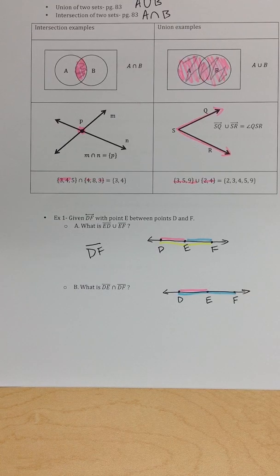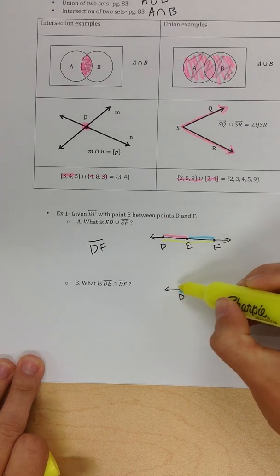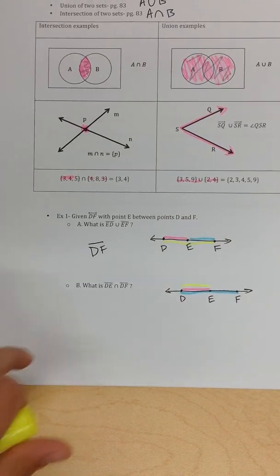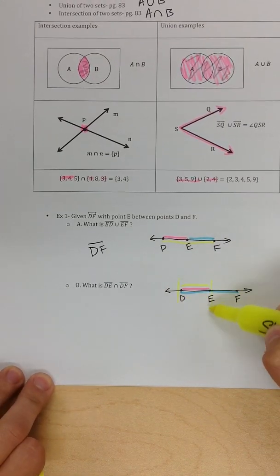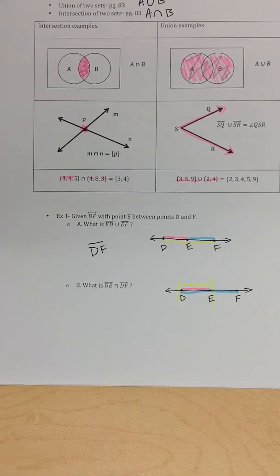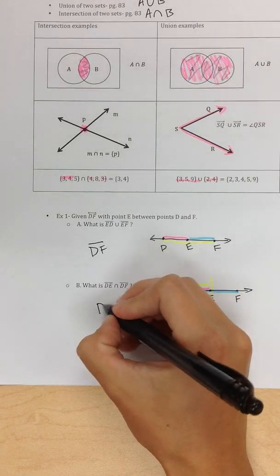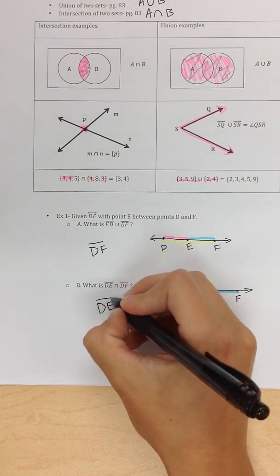The spot where those two are the same would be just the part from D to E, because that is the only spot where those two are both exactly the same. So our intersection, where they cross each other, would be the segment DE.